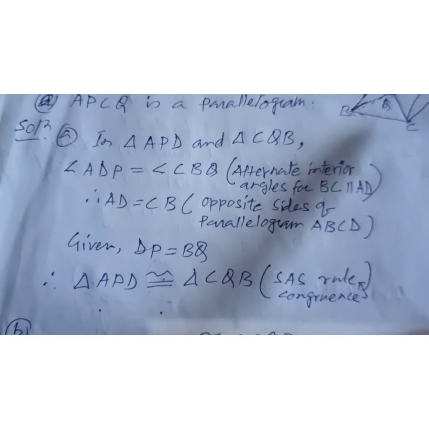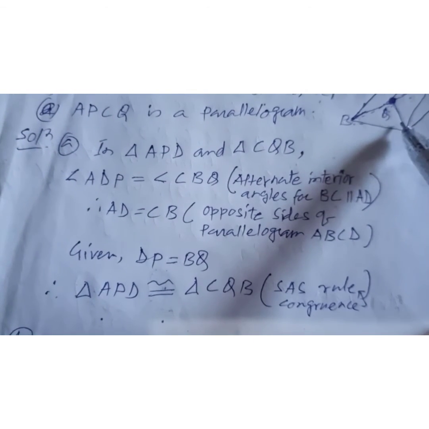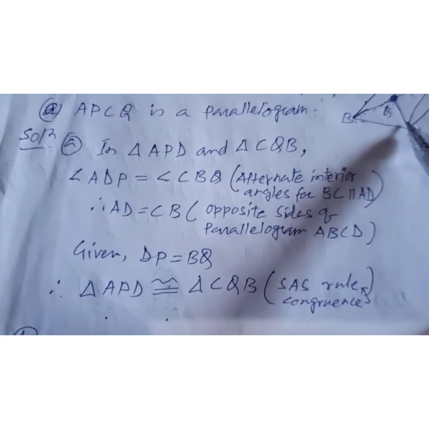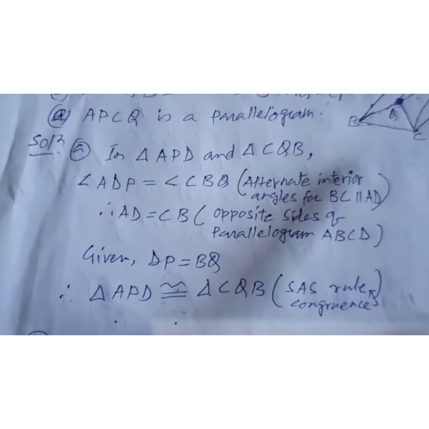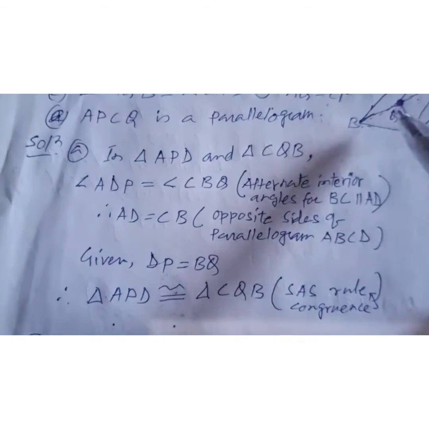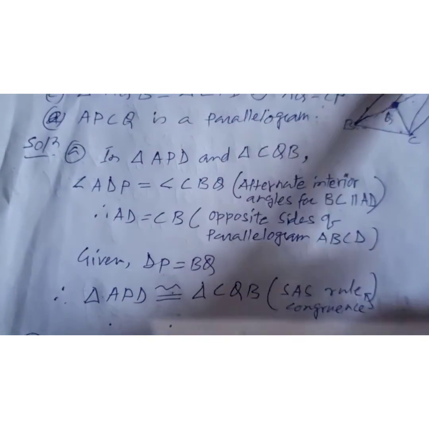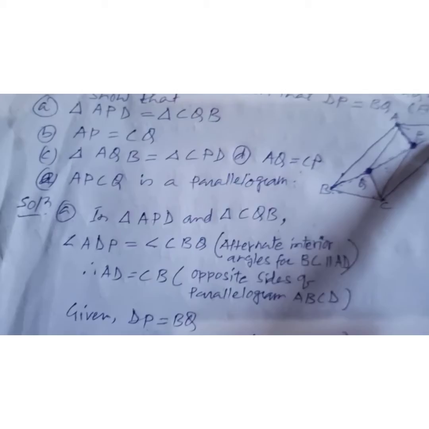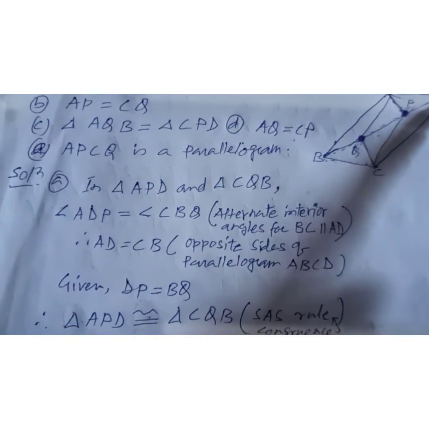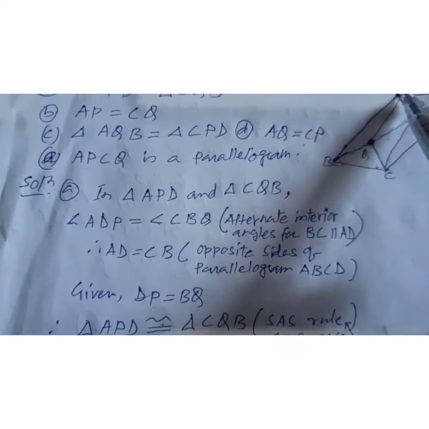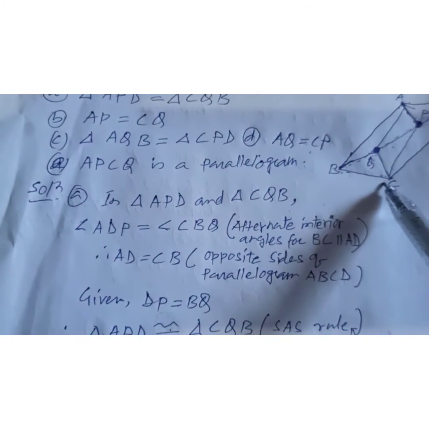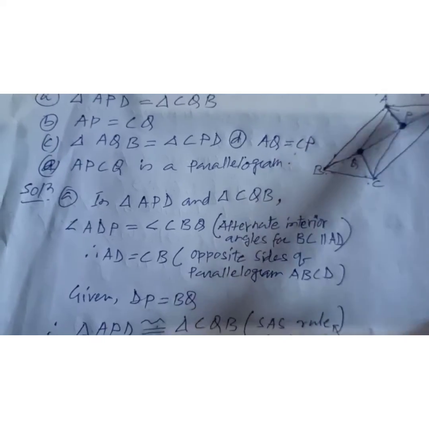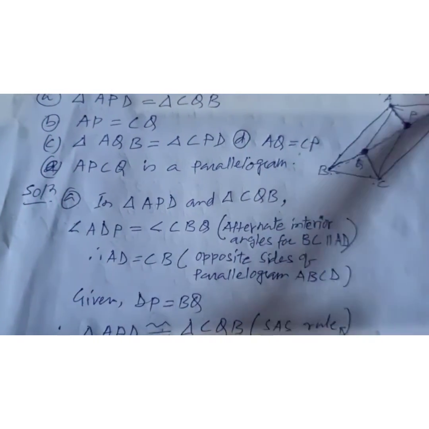So what do we get? Angle ADP equals angle CBQ, alternate interior angles, since BC is always parallel to AD. Therefore AD equals BC, as these are opposite sides of the parallelogram ABCD.